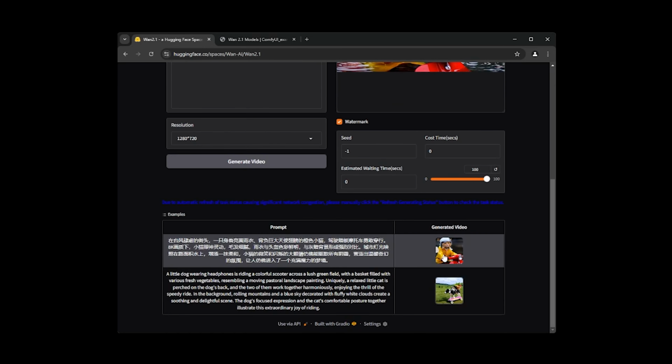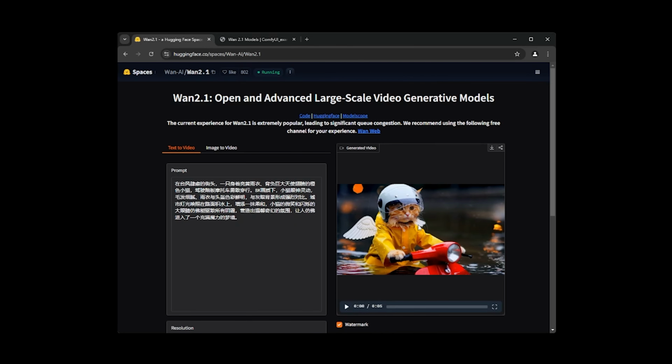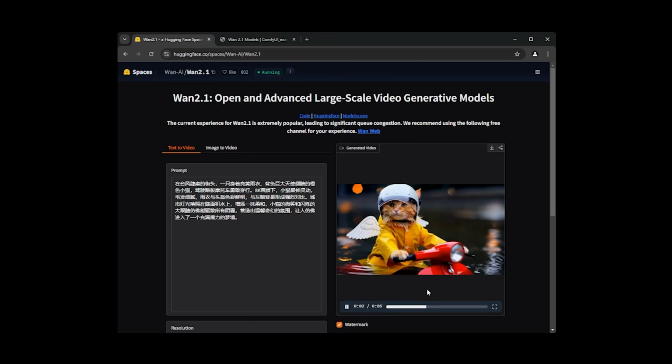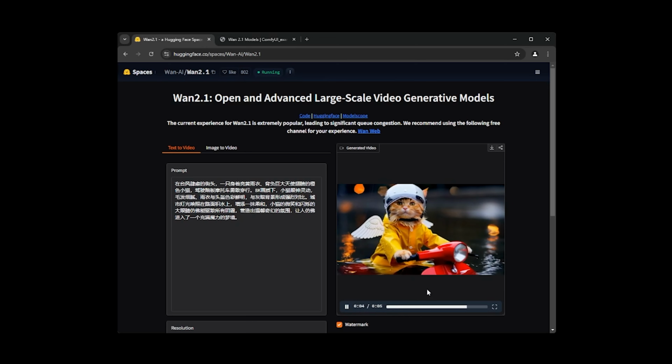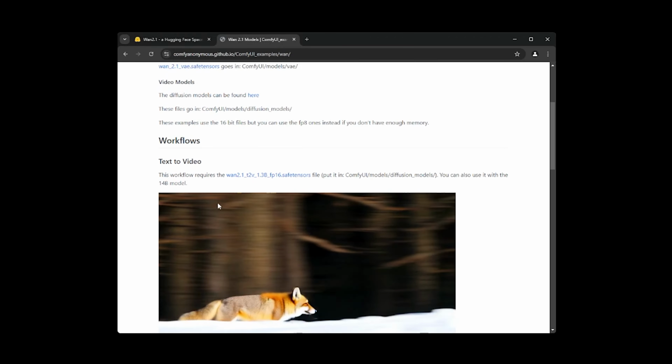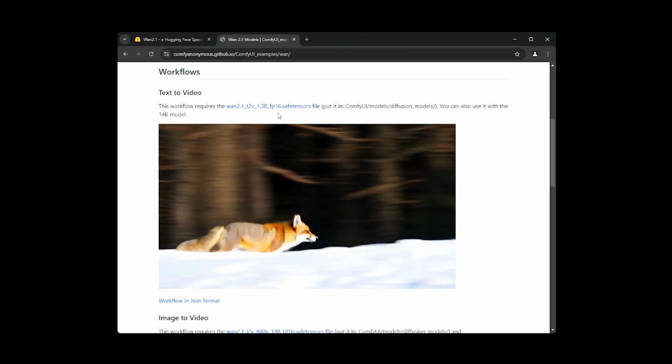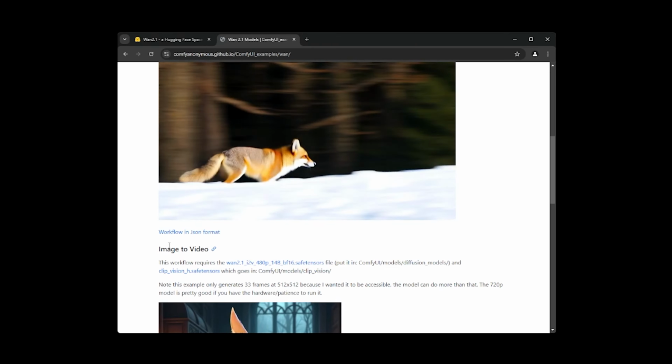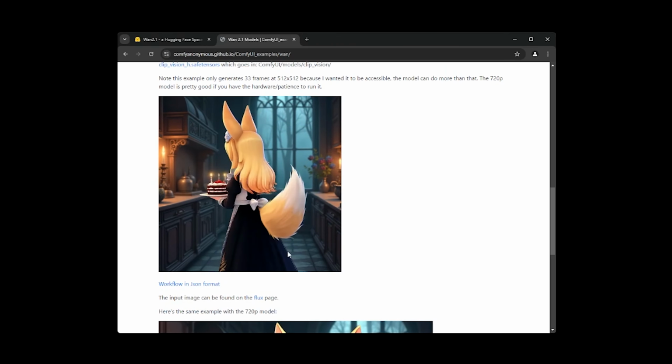So what are the magic tricks behind Wan2GP's ability to run on these less powerful systems? Well, they have done a whole bunch of optimizations. One of the main techniques is called transformer quantization, and you can think of it kind of like compressing a file. You're essentially reducing the size of the model without losing too much important information, and that makes it much more efficient in terms of memory usage.